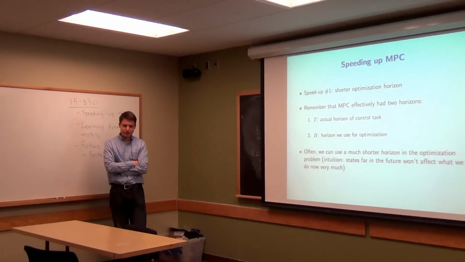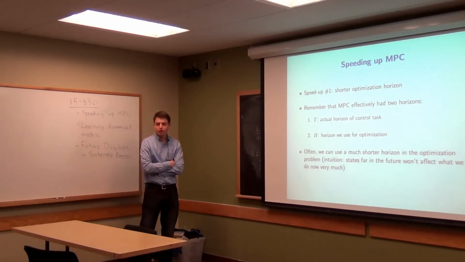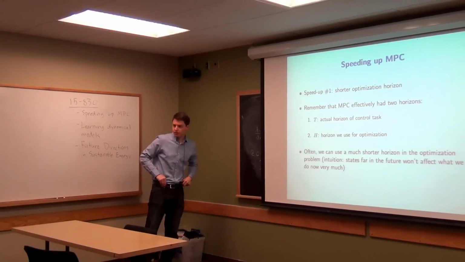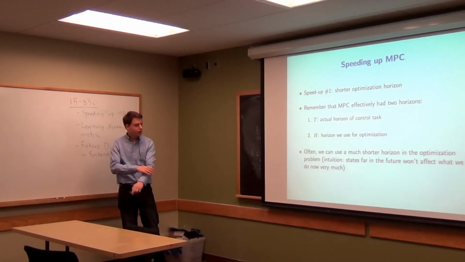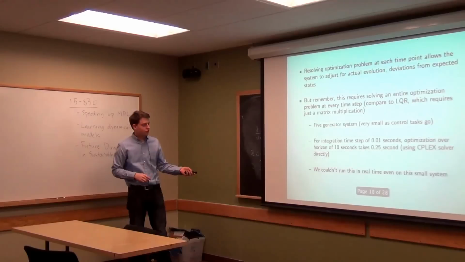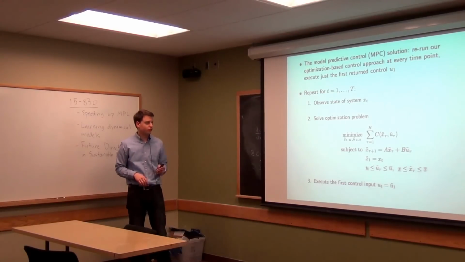So one idea to speed things up is to think about the optimization horizon for model predictive control. Now, I'll go back a few slides to the actual control task we had.